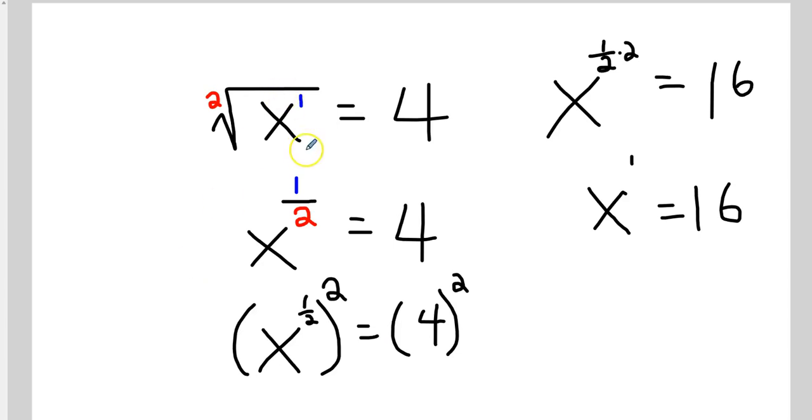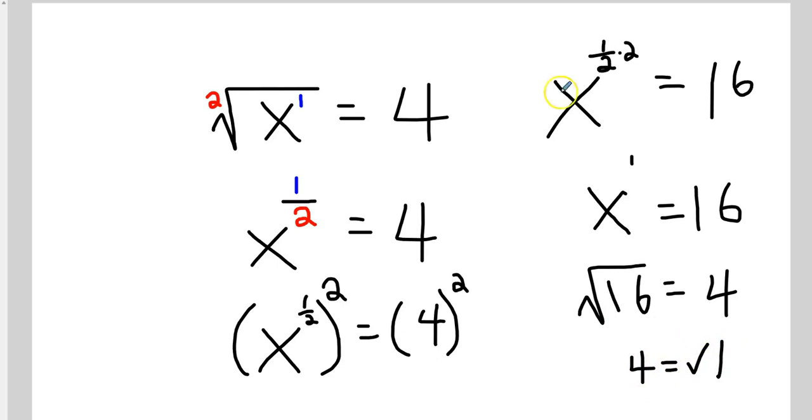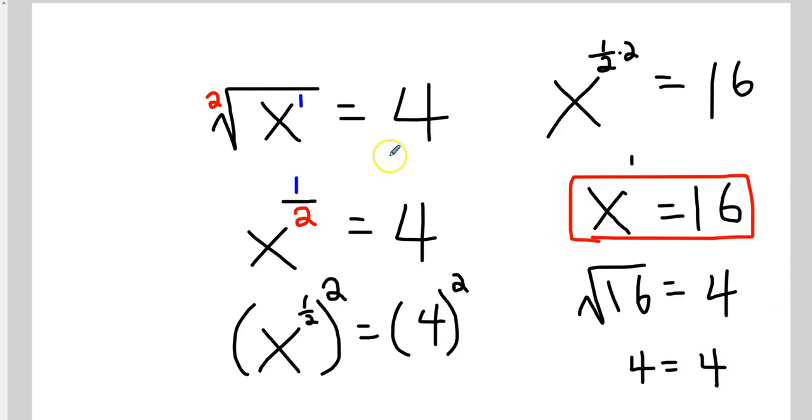And checking for extraneous solutions, if I plug 16 back in, square root of 16 is equal to 4, and we get 4 is equal to 4, which is what we wanted. It's a true statement, so our solution is good. So this isn't an extraneous solution.